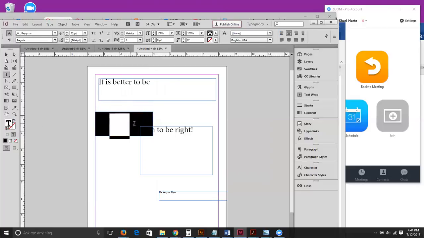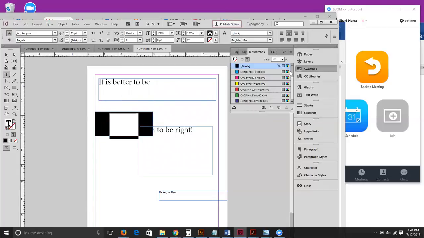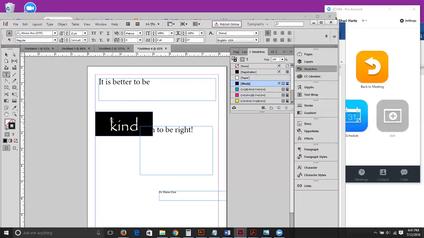I'm going to choose my letters and make my letters white. Okay. Yeah, I like that. Maybe we can do something else with this one. We'll use a different type of font, so maybe we'll pull right out as well.